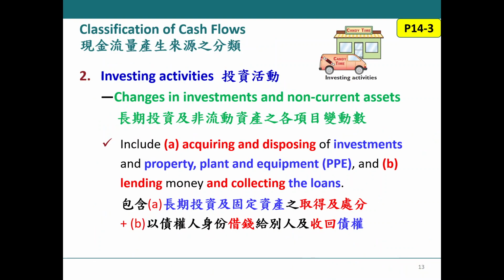So investing, on your slide, page 13. What does it mean, investing activities? You use your money to buy PPE or use your money to buy shares, bonds, right? So try to use the money to earn more money back. For example, what kind of activities have we done?